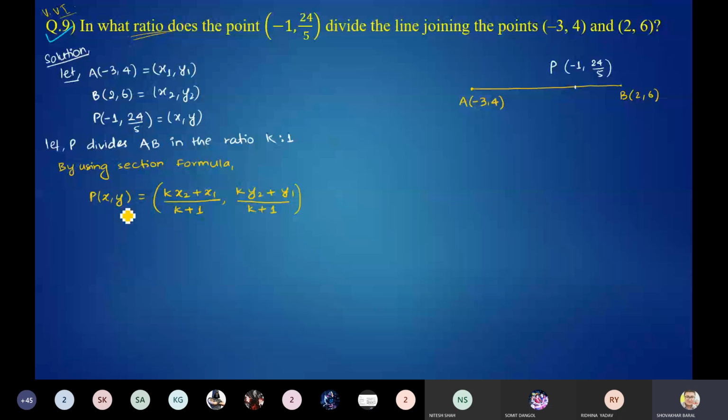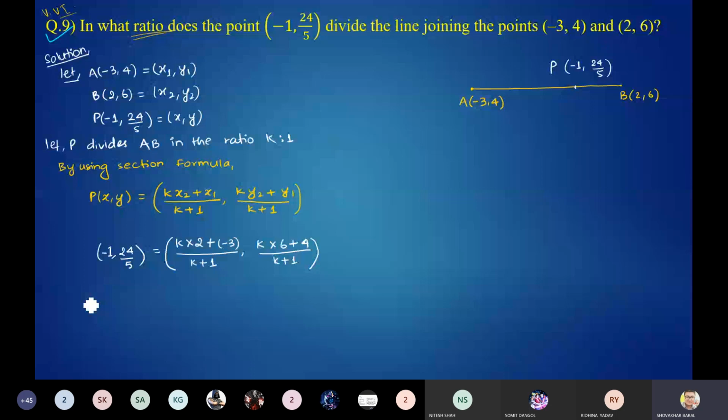So let's replace the values. The point that is dividing this line segment is (-1, 24/5). So (-1, 24/5) equals (k times x2, which is 2, plus x1, which is -3, whole upon k plus 1), comma (k times y2, which is 6, plus y1, which is 4, all upon k plus 1).